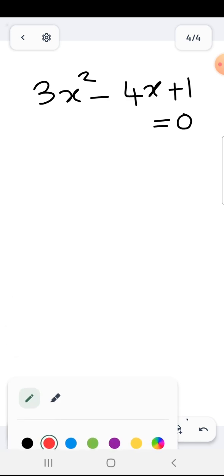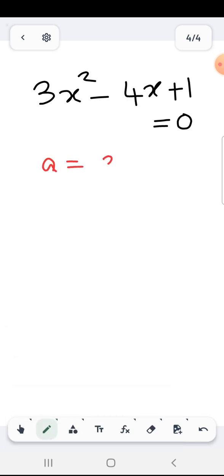So a is equal to 3 and b is the term with x. So the number with x is negative 4, including the sign we have to take. So b is here negative 4 and c is the term without the variable x in it. So here it is plus 1. So this is how we identify a, b, c.